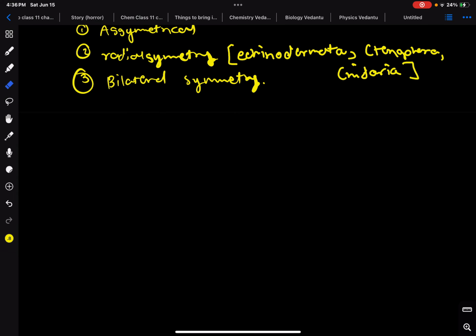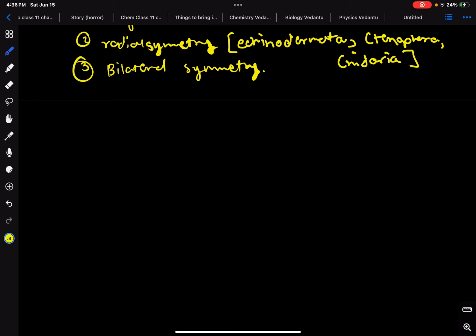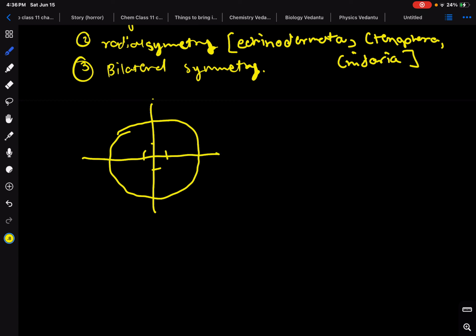But radial symmetry states that, for example, in jellyfish, if we look at the top part from above, we can see that any plane can cut it into 2 equal parts, like a pizza. And then there is bilateral symmetry.